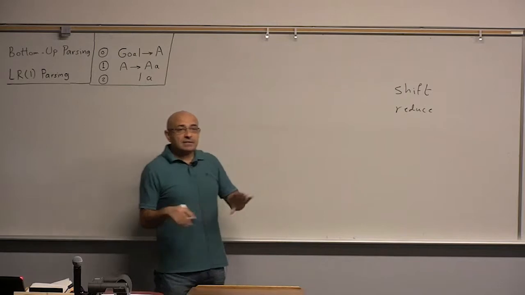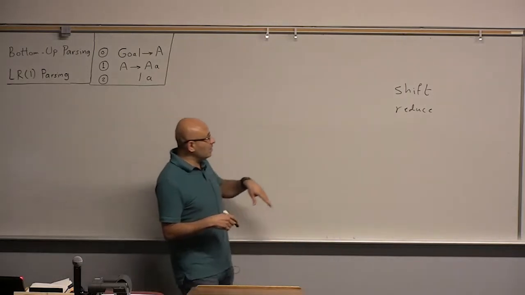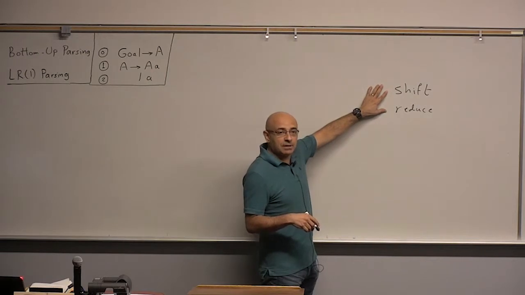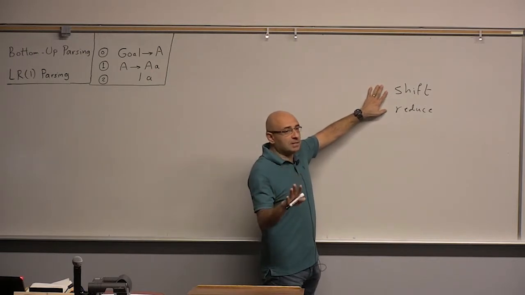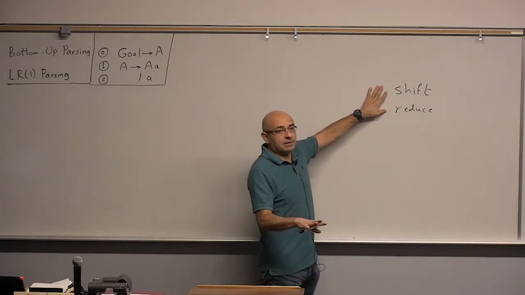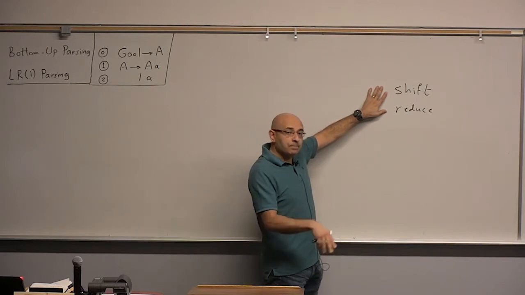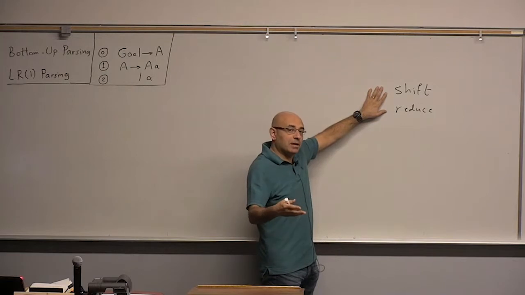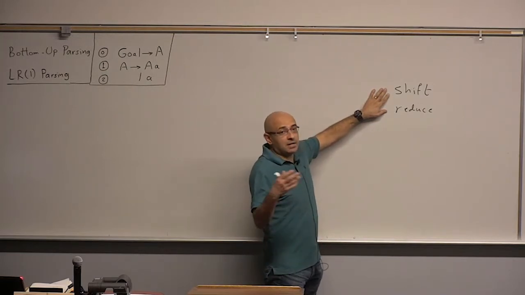If at some point the parser doesn't know whether to shift or to reduce, if both options are possible, then LR1 parsing doesn't work on this grammar. The options are to try to restructure the grammar. Maybe you can make it work with LR1, and maybe you cannot.